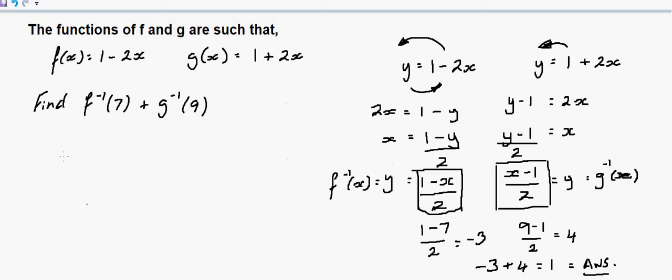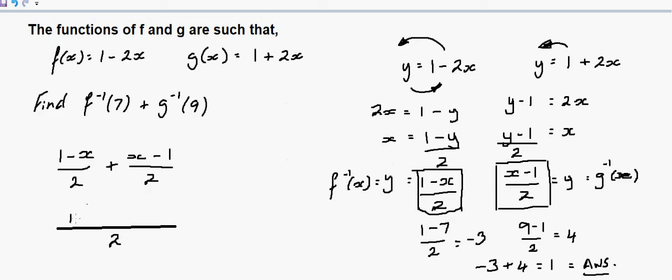So we have 1 minus x over 2 plus x minus 1 over 2. We can make that all over 2 because they're the same denominator.